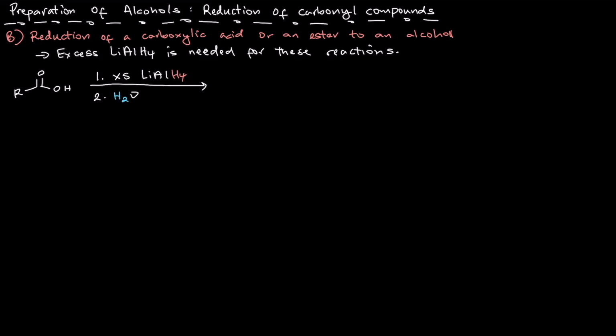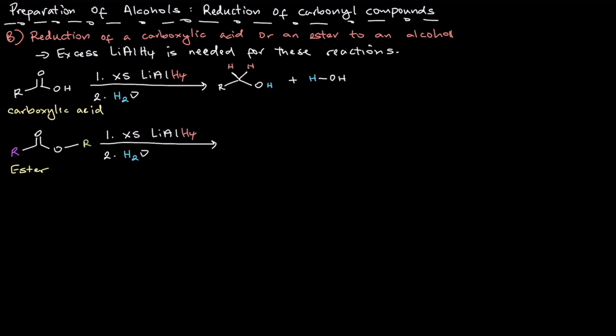So if you take this carboxylic acid and you treat it with excess lithium aluminum hydride, and then you treat it with water as a second flask, you will get the alcohol of that carboxylic acid, and then also water would be released in this flask. But that's not a very important product since our solvent in the last flask is also water.